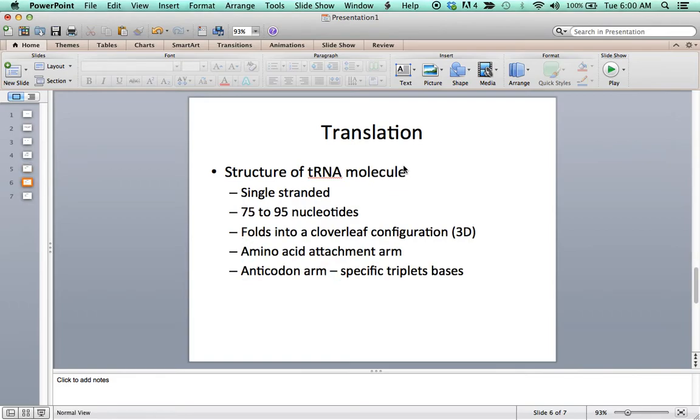Secondly, the tRNA molecules are single-stranded, and tRNA molecules can range from 75 to 95 nucleotides in length. One thing unique about the tRNA molecule compared to the other RNA molecules is that it folds into a cloverleaf configuration, which gives it a 3D structure.